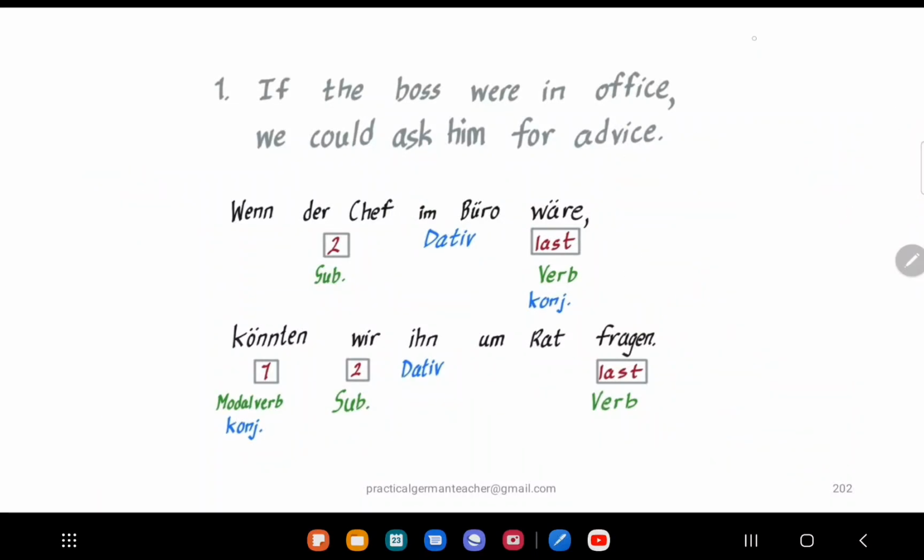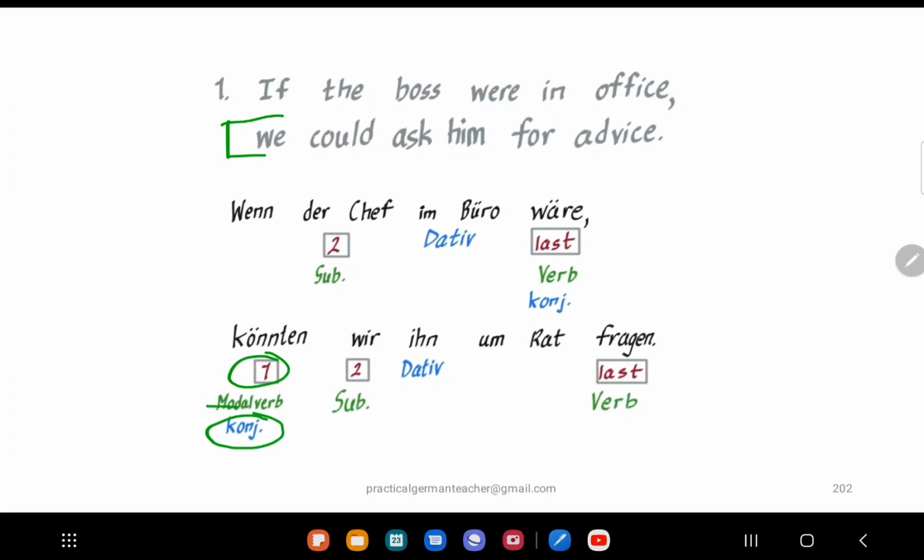So now the next sentence is, we could ask him for advice. Now if this sentence was the only sentence, if it was just "we could ask him for advice", then you would write it like this: wir könnten ihn Rat fragen. But because this happens to be a Nebensatz, in a Nebensatz the verb which is being conjugated will be at the last position.